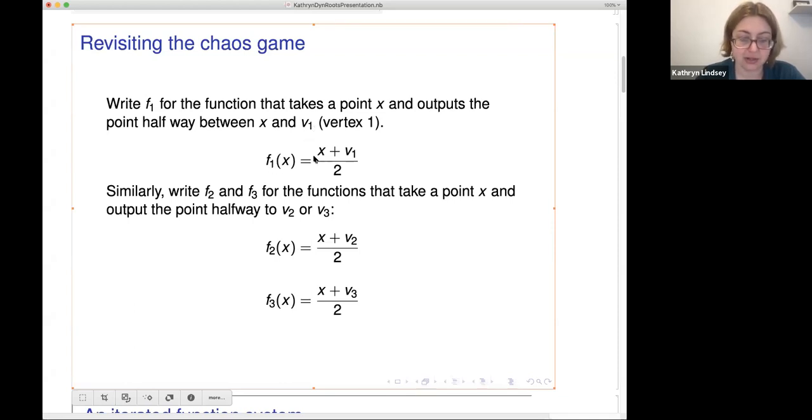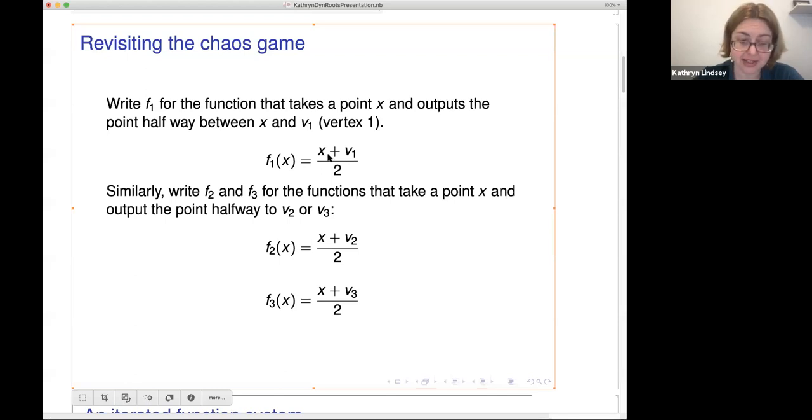So, okay, we can now kind of understand how to write this as a function, a polynomial. So we want to go halfway between x and v1. So you could express this as 1/2 of x, or z, plus 1/2 of v1, whatever the coordinates of v1 are. Or in other words, you take the average of the 2 points.